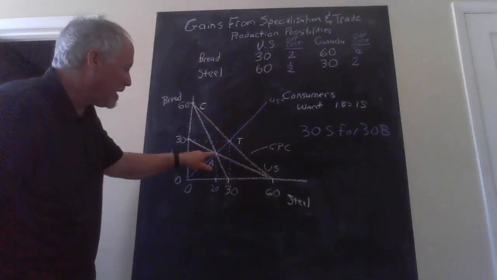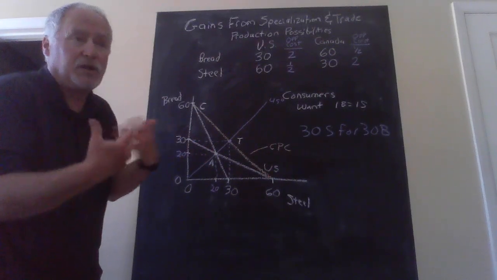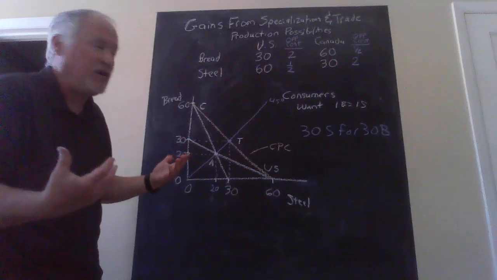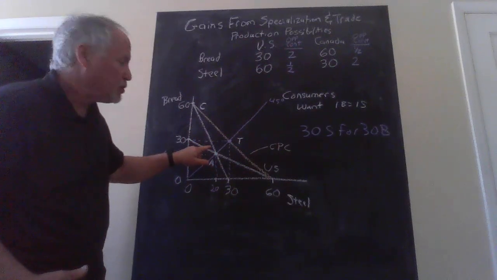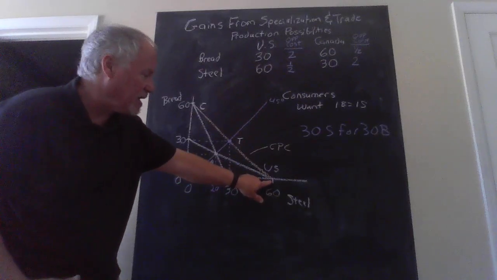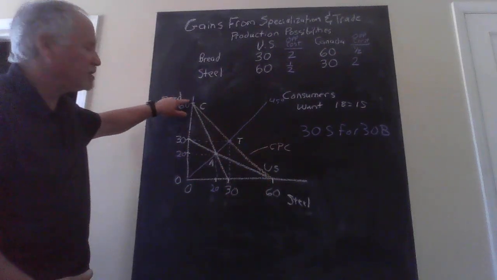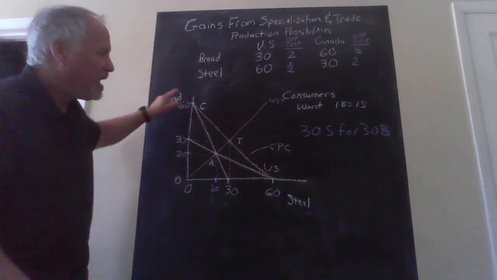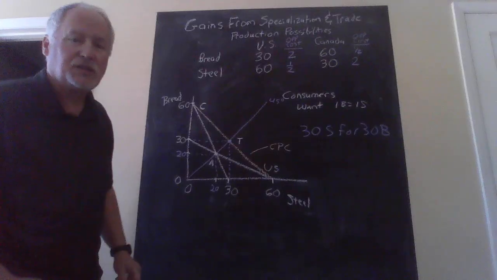In autarky, if they want to consume both goods, they have to produce them themselves. So in autarky, both countries happen to be here. With trade, with specialization, the United States moves down here to produce here. Canada moves to produce all bread up here. And then they trade.